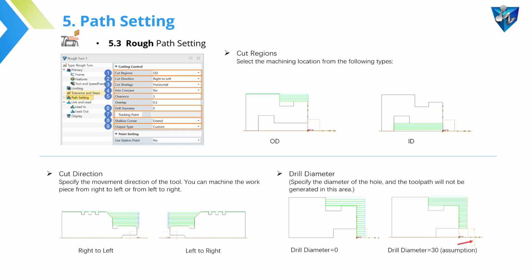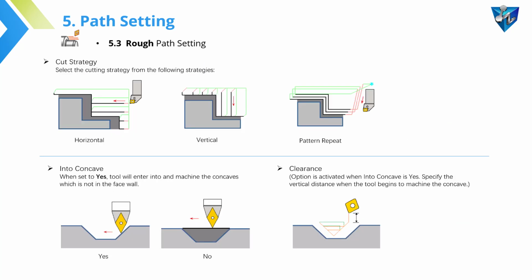Drill diameter is used to specify the diameter of the hole, and the toolpath will not be generated in this area. You can see the difference between these two figures. For cut strategy, you have three options: cutting along the horizontal direction, vertical direction, or the profile of the part's direction.